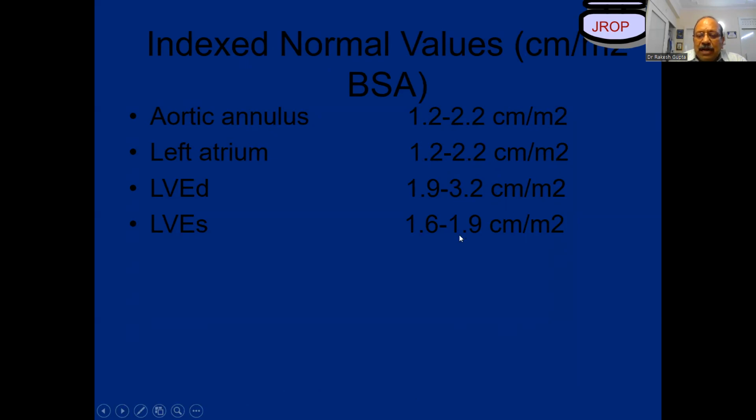One third always contracts and the remaining two thirds remains the original dimension. So 33 becoming 22 is your LV dimension during end diastole and end systole. And it's pretty easy to remember. 33, 30, 22, 22. And of course, LA is almost the same as the aortic annulus.